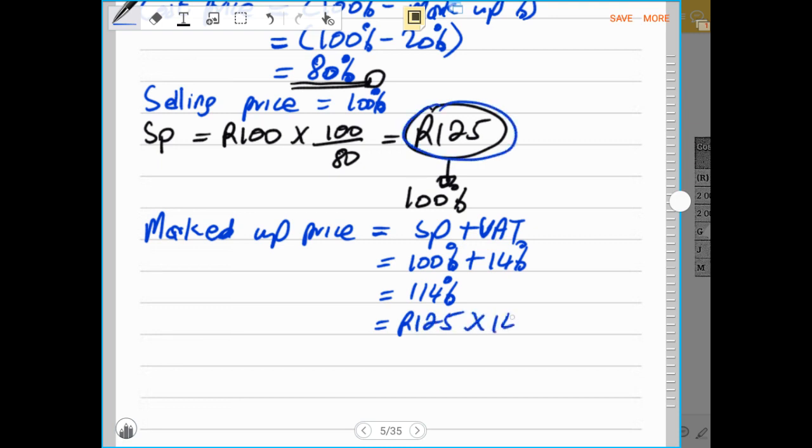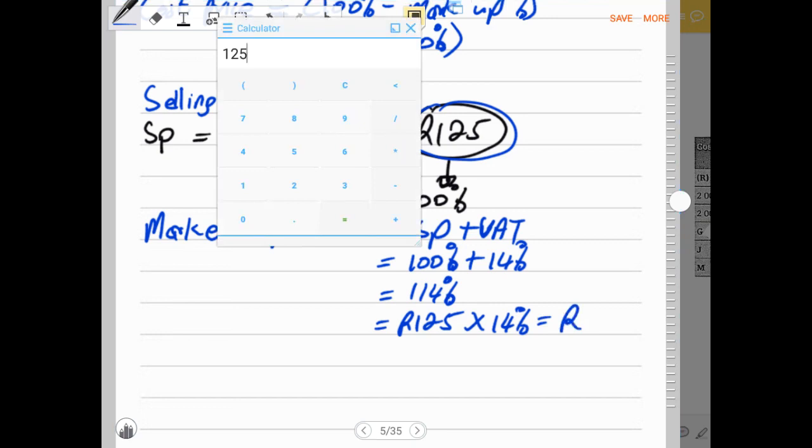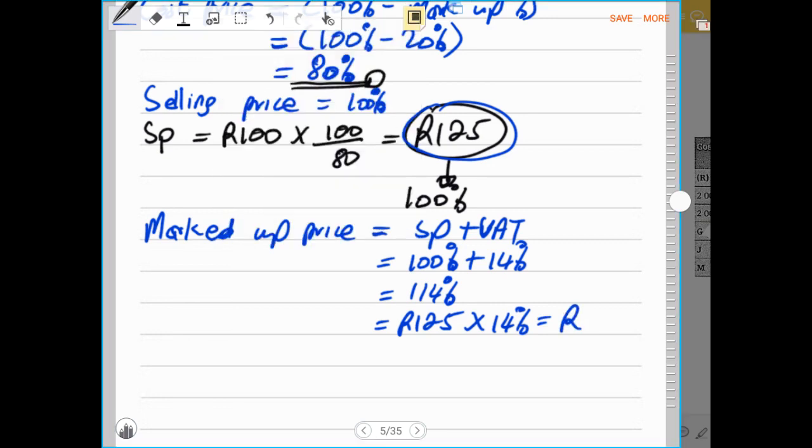We say times that by 14%, and if we multiply that by 14%, it will give us an amount of VAT only. 125 times 14% will give us 17 rand 50 cents. This is the VAT amount.